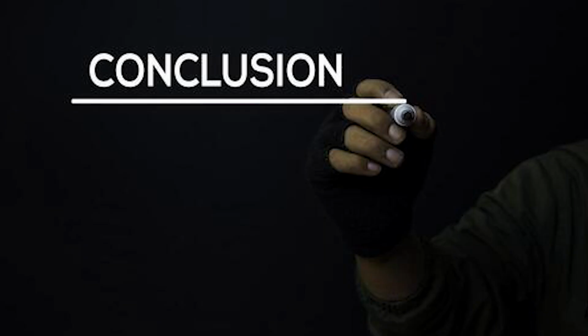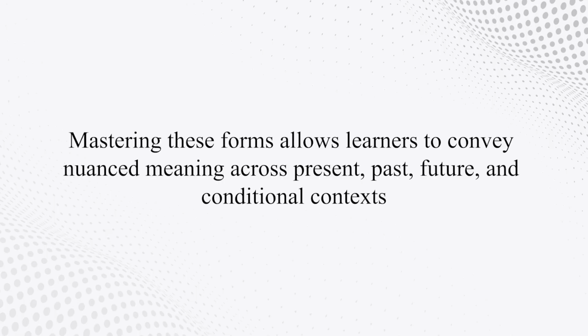In conclusion, abilitative forms in Telugu, known as సామర్థ్య రూపాలు, are a fundamental grammatical tool for expressing ability, inability, possibility and impossibility. Positive forms use gala and galugu, while negative forms use le and lekapo. Mastering these forms allows learners to convey nuanced meaning across present, past, future, and conditional contexts.